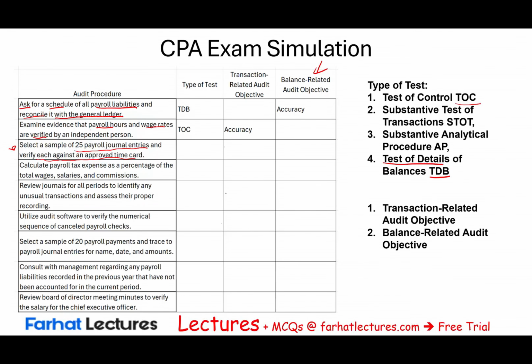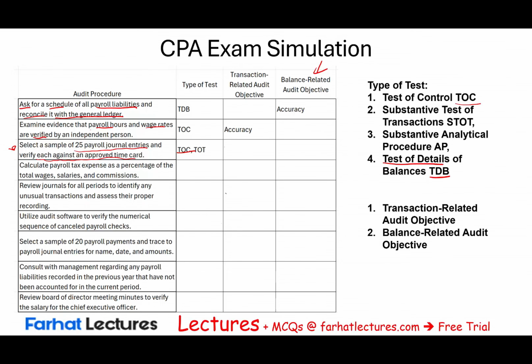We're basically doing two things really. One is determining if the numbers that are in the general journal, the journal entries, are already approved, yes or no. So this is a test of control. Two, we're also looking at the actual figures to determine if that transaction is accurate. So basically here we're performing two tests. We're performing a test of control, and the test of control here is whether we have approved time cards for the journal entries.